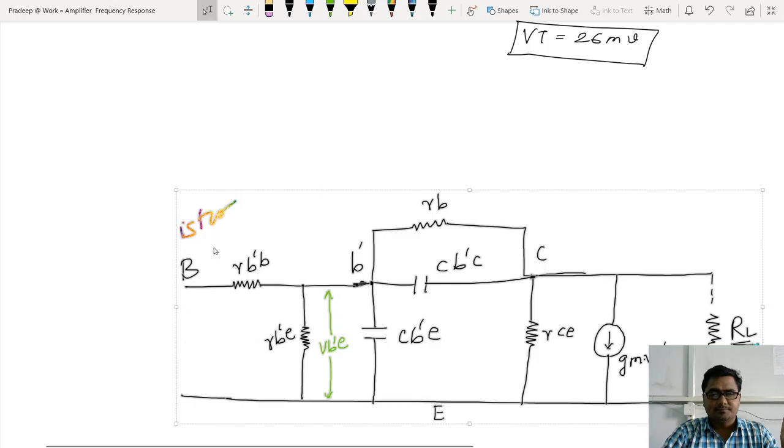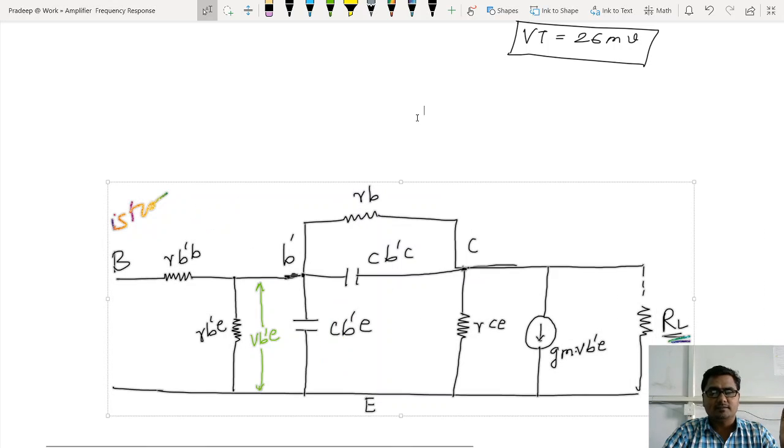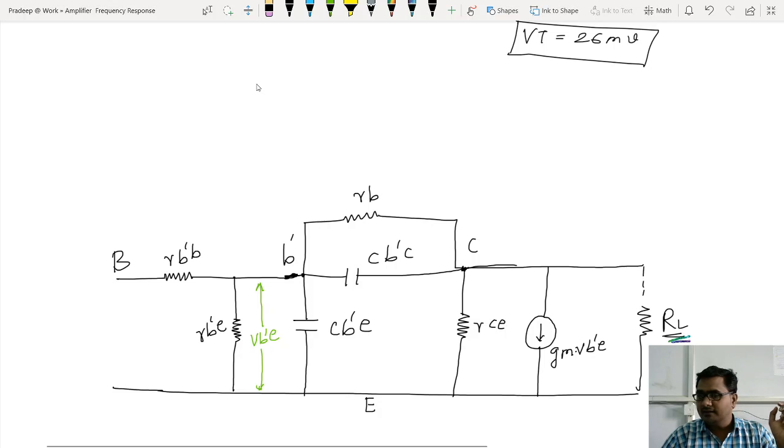Now I'll answer why we are calculating only voltage gain. There are different ways to calculate voltage gain. What are those? I'll tell you. First, let me have this. The load resistor RL is already connected, and somewhere here I'm taking the output voltage across the load resistor.